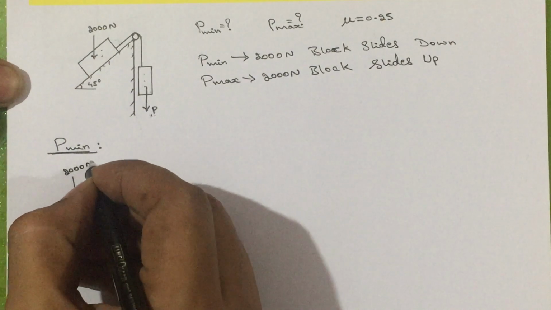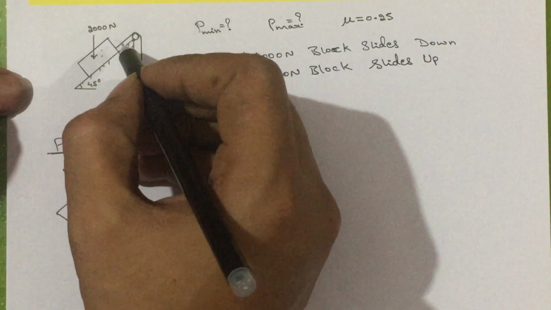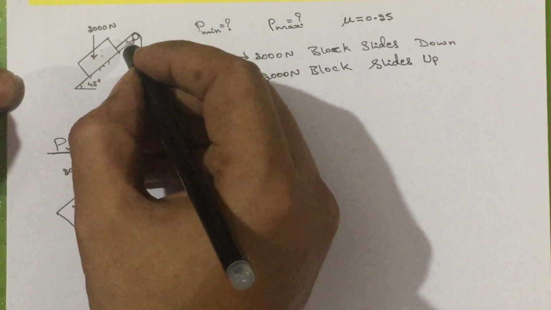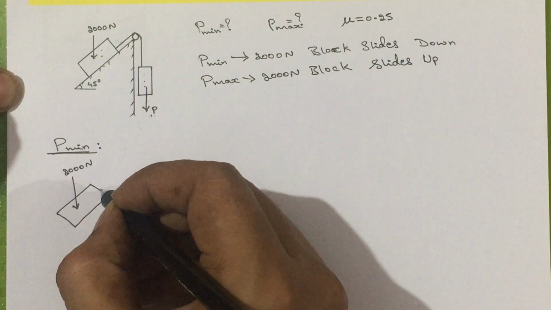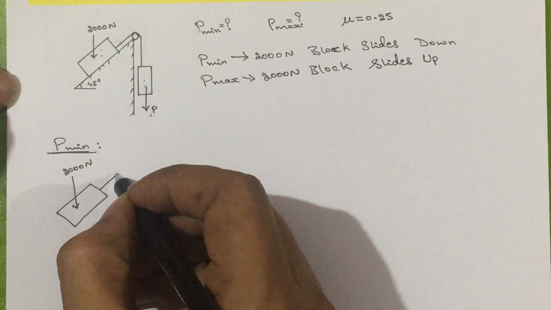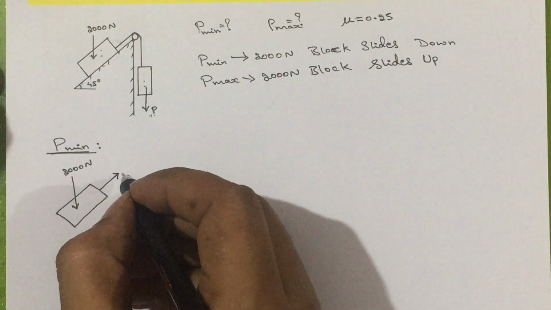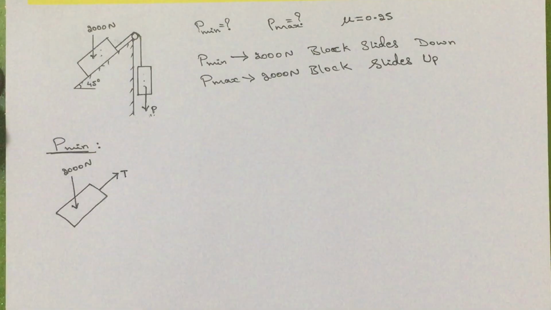Then attachments, is there any attachments? Yes, this rope, cable is attached. The rope or cable will always be subjected to tension. So, outward arrow, we call that T, tension.